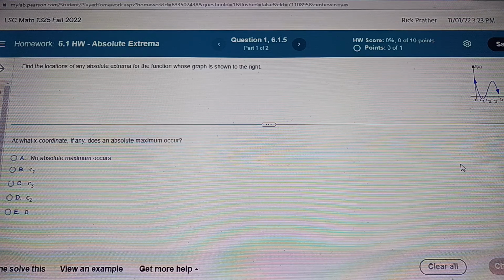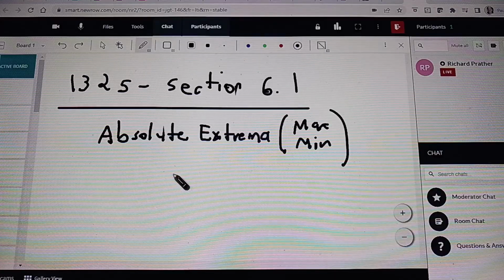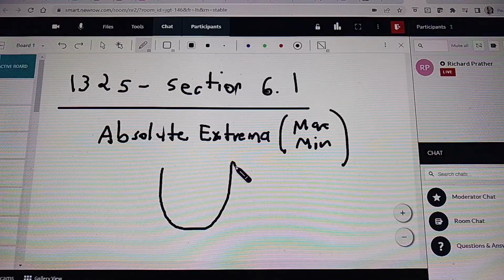And it could be one or the other too. Like in a parabola, it goes up forever, but it doesn't go down forever. So then it would have no absolute maximum, but it would have an absolute minimum, whatever this y value is. The values of absolute max or mins are y values, not x values.